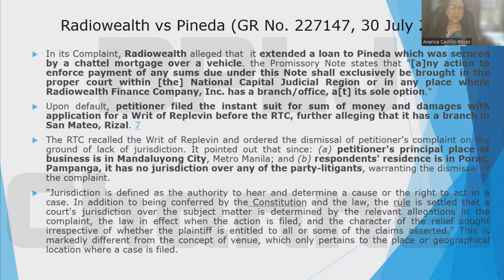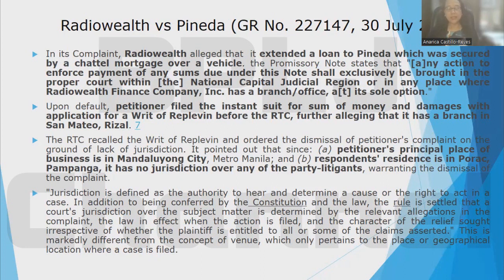Okay, so when Pineda incurred default, petitioner filed a suit for collection, an application for a writ of replevin before the Regional Trial Court of San Mateo, Rizal, alleging that it has a branch in San Mateo, Rizal.